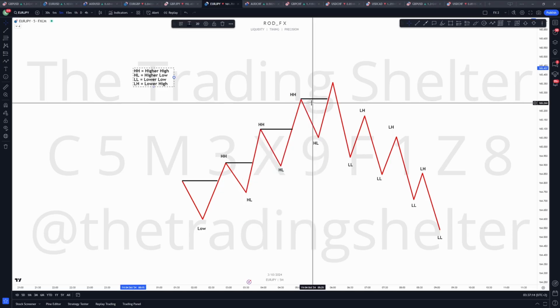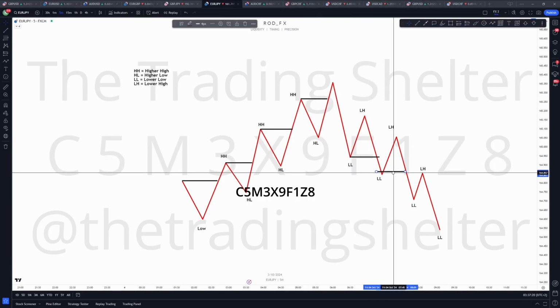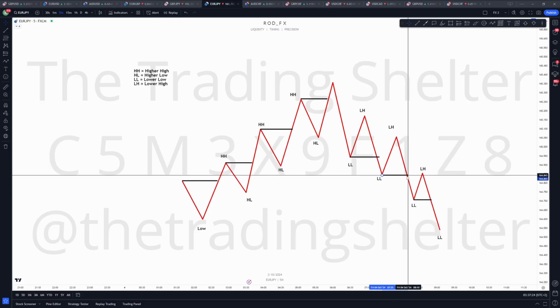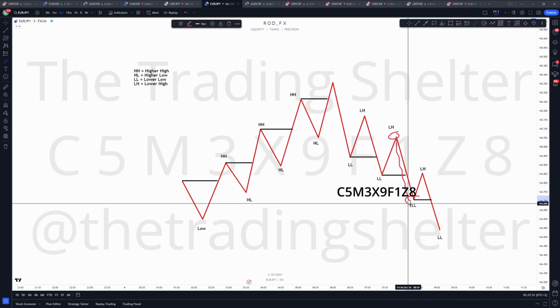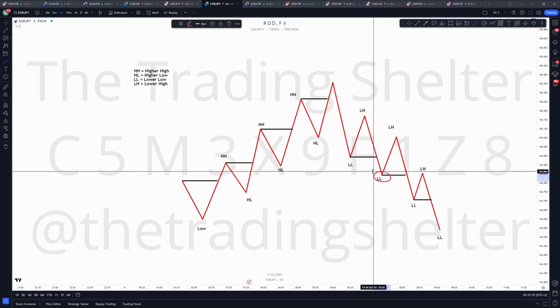So again, these are the same thing. Break of structure. Why? Because this point, a new lower low, broke the current one.